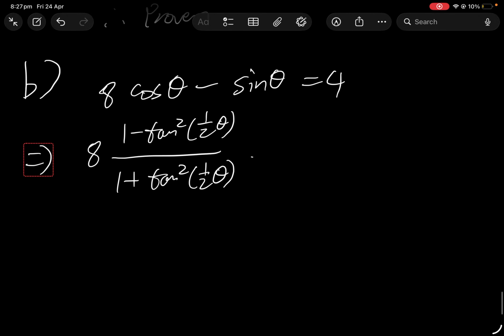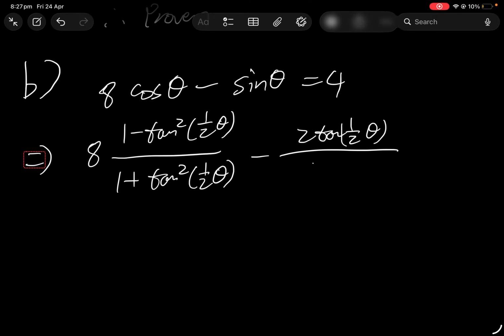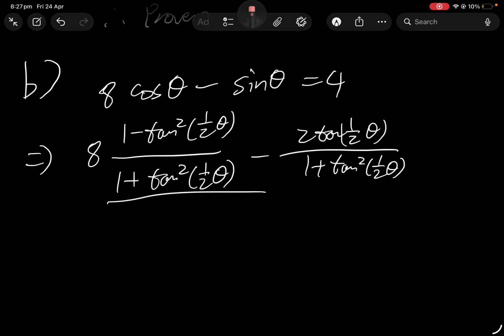And that takes a sine, which is 2 tan a half theta over 1 plus tan squared a half theta. So we see that the bottoms are both the same, so we can put them together.